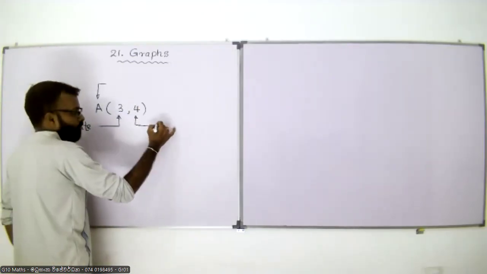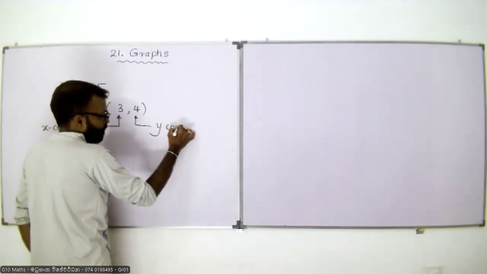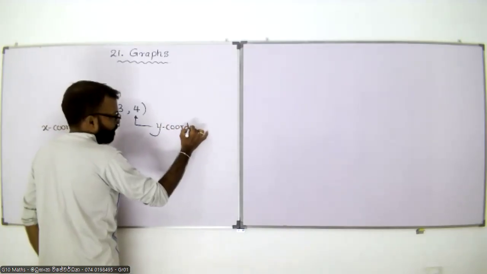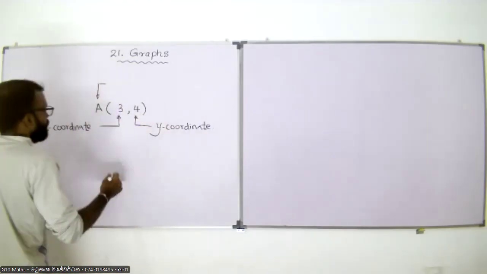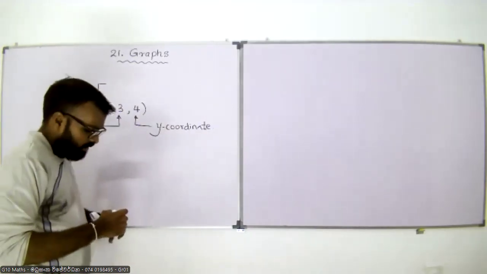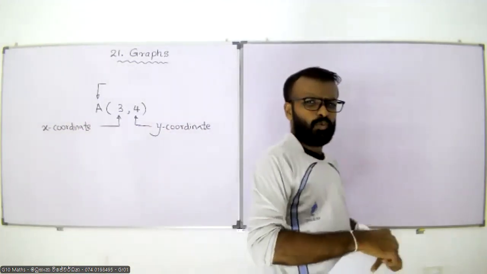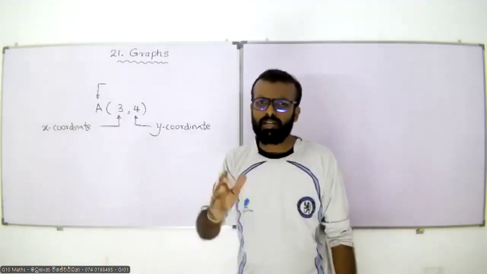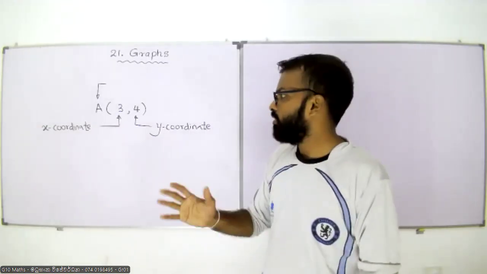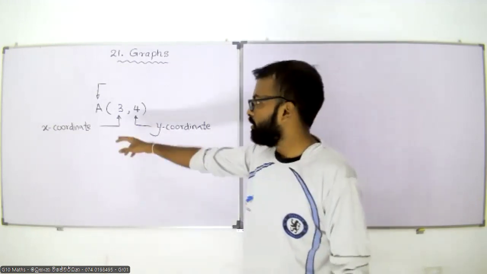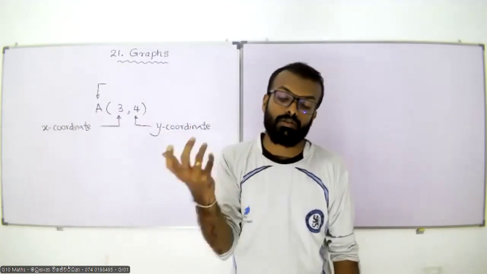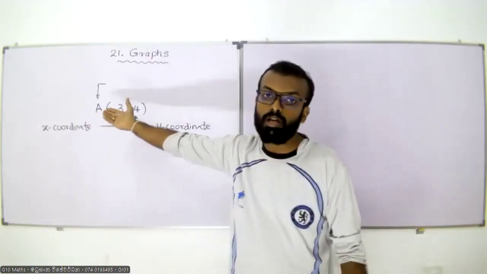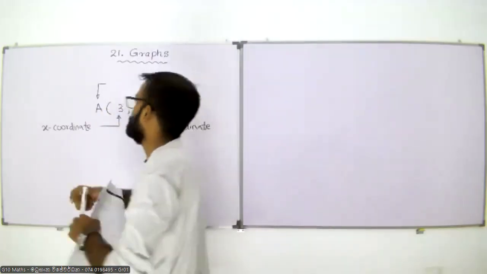This part is called the y coordinate. This is normally called the origin, but let's refer to it as the label of the point. This is how you identify a particular point. This is the name given to that point label.